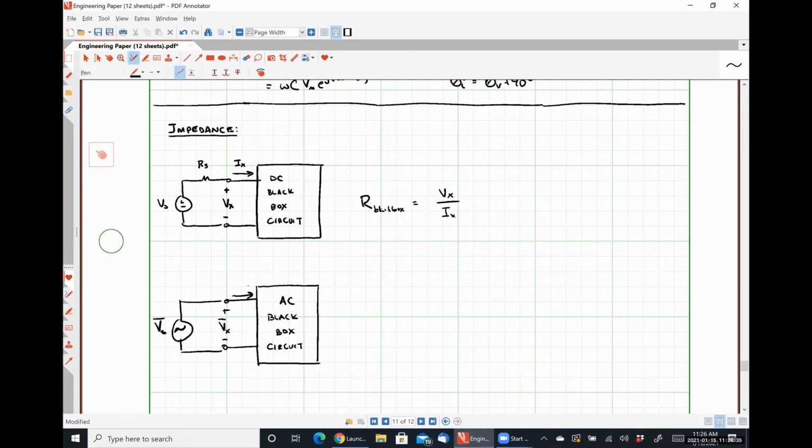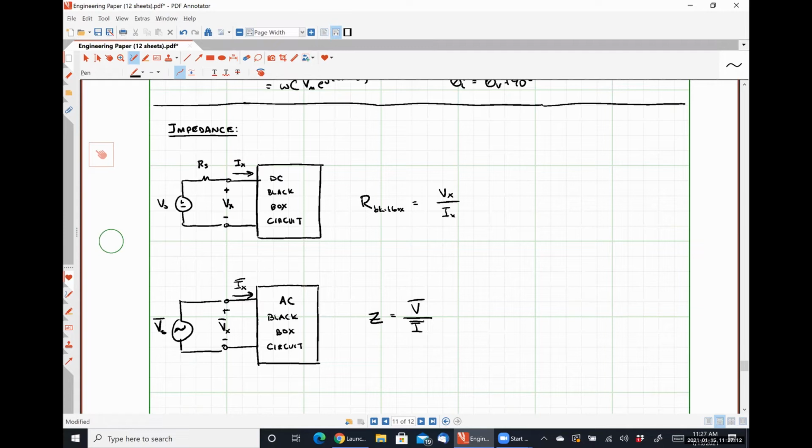The ratio of the phasor voltage drop across the terminals of our AC black box network divided by the phasor current flowing into our black box network is what's known as the impedance Z. Z is a complex number, but it is not a phasor, so I'm not going to put a bar over it. So Z fundamentally is the ratio of the phasor voltage to the phasor current.